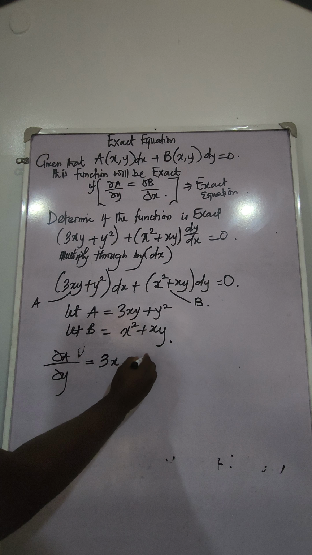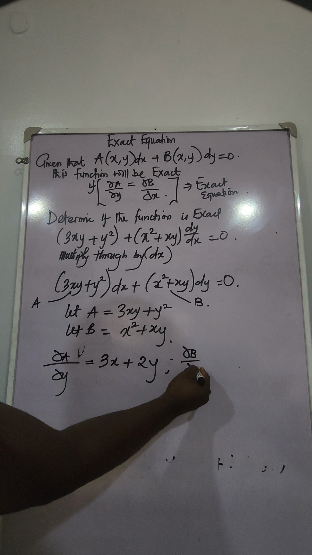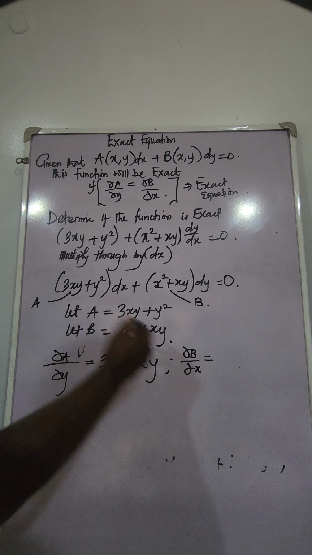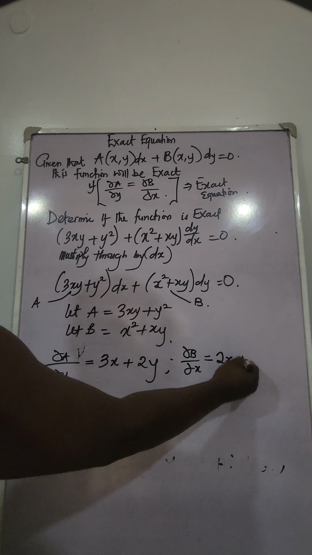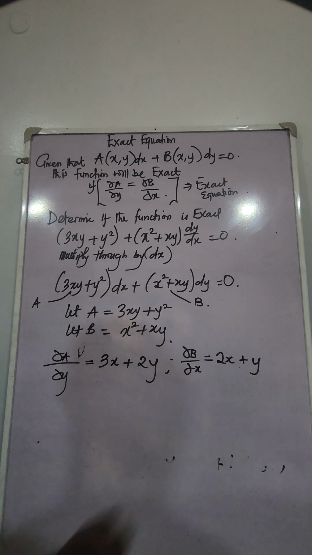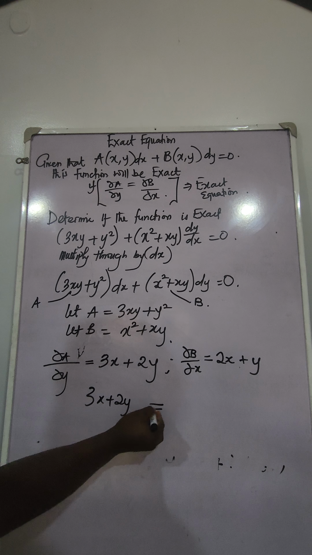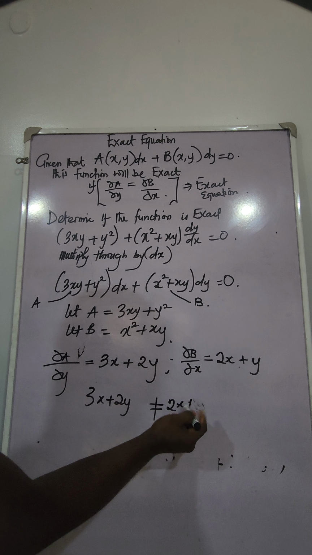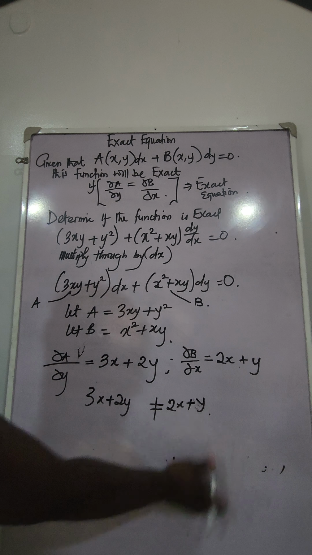Is that not so? Then we have the B. When we differentiate this function with respect to x, we have 2x plus y. So can you see that 3x plus 2y is not the same as 2x plus y.